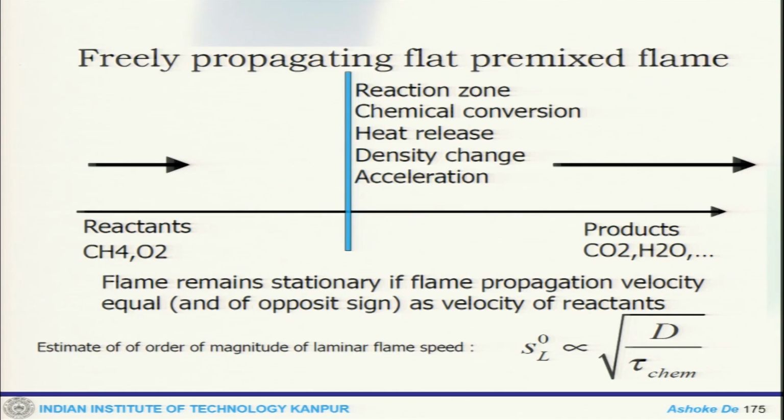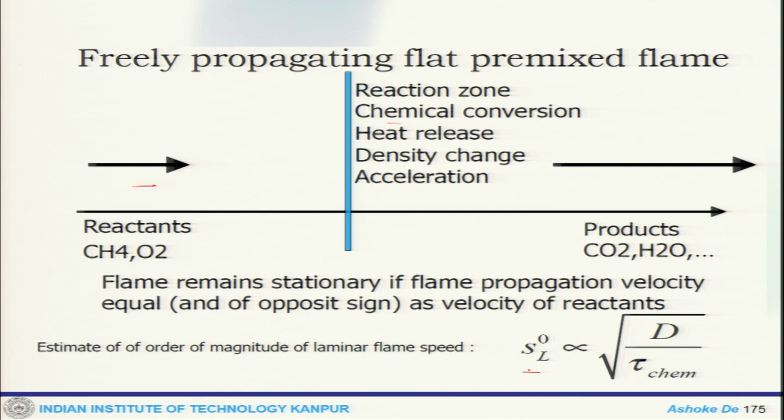So just to quickly look at a freely propagating premixed flame, your reactant comes in, these are the product, and this is the reaction zone where your chemical reaction takes place. Because of that there would be heat release and density change and the flow accelerates. One of the very fundamental properties of the premixed flame is the flame velocity, or laminar flame velocity, or laminar burning speed, and the second one is the flame thickness.